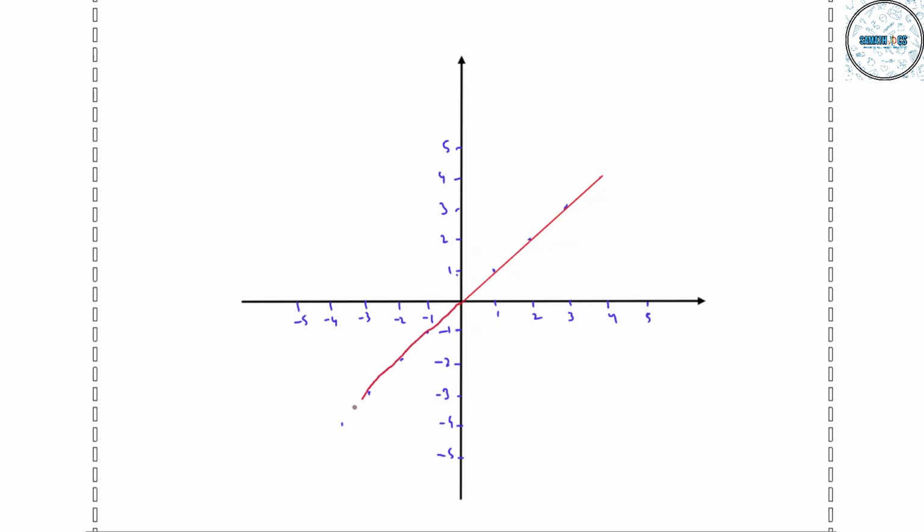We have to reflect the part of the line which is below the x-axis. Like if we have here -1, -1, now this will become -1, 1. All negative values of y will become positive. So at -2, it will be 2. At -3, it will be 3. And at -4, it will be 4.